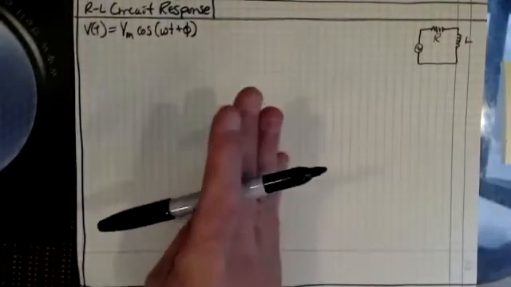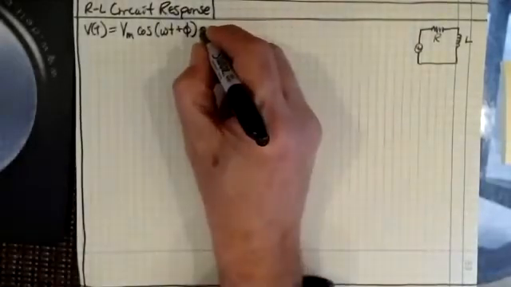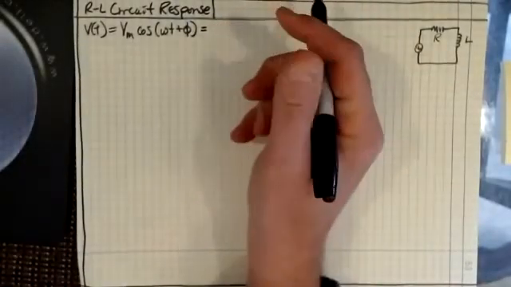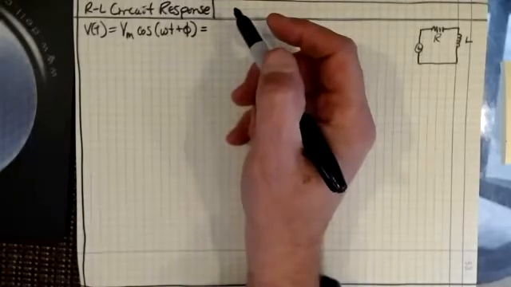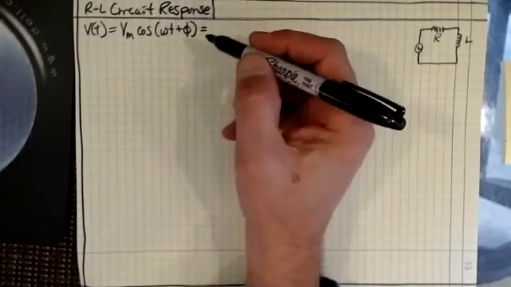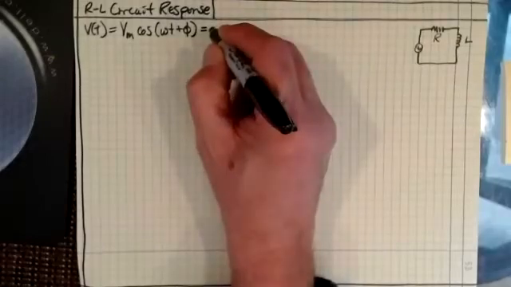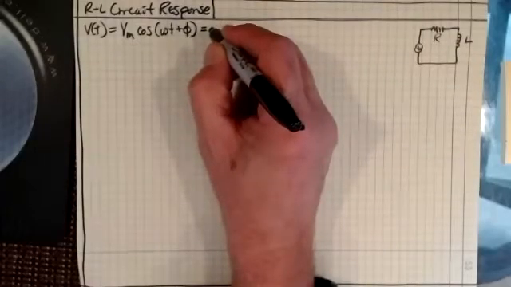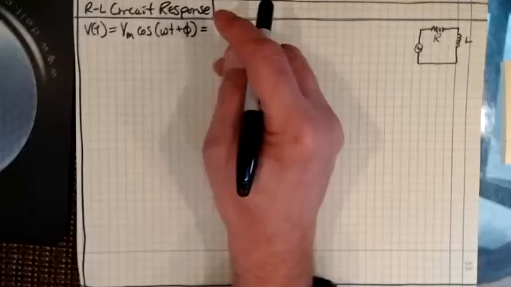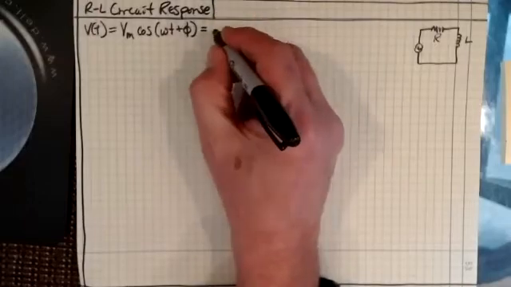It doesn't matter what it is because I'm just writing out this relationship for an RL circuit and how that circuit responds, right, to waveforms of different frequencies passing through that circuit. And this is how it responds.